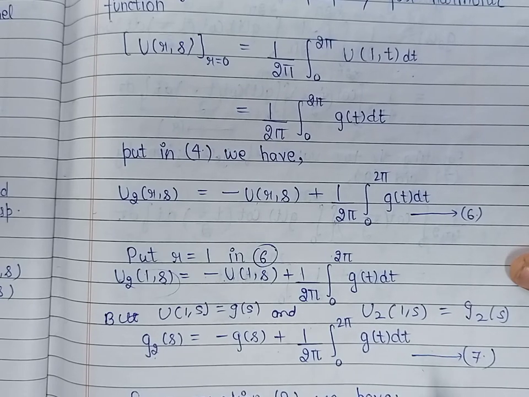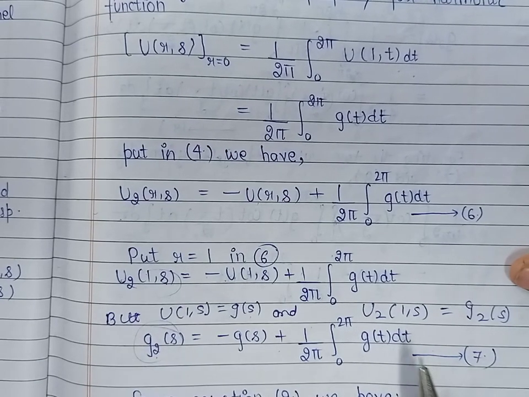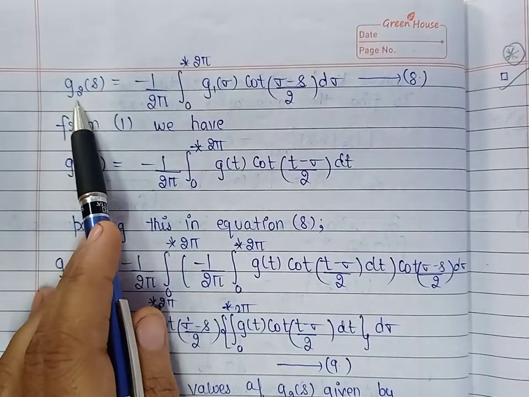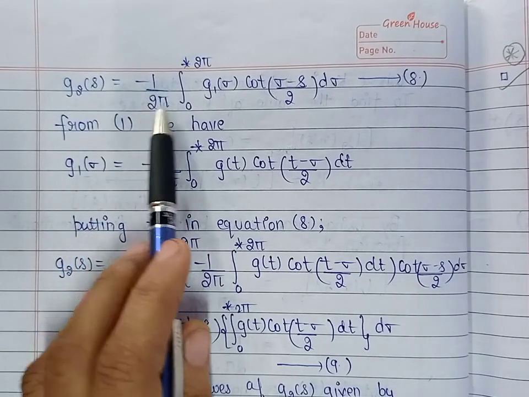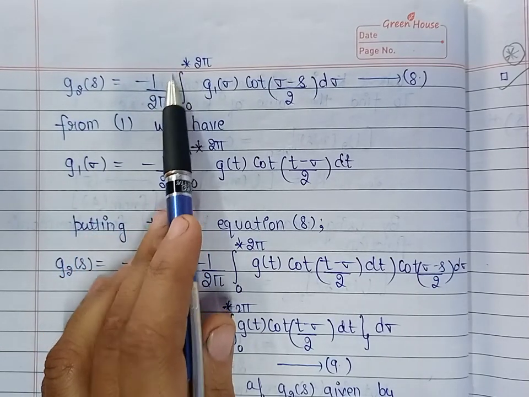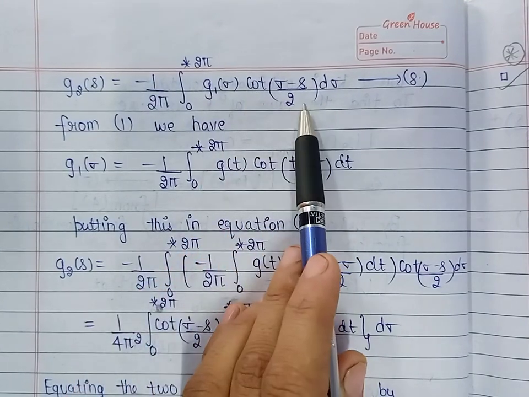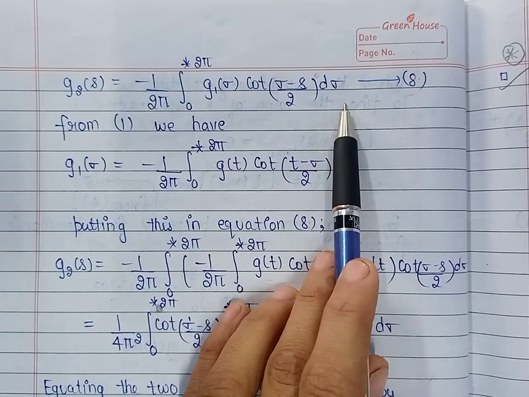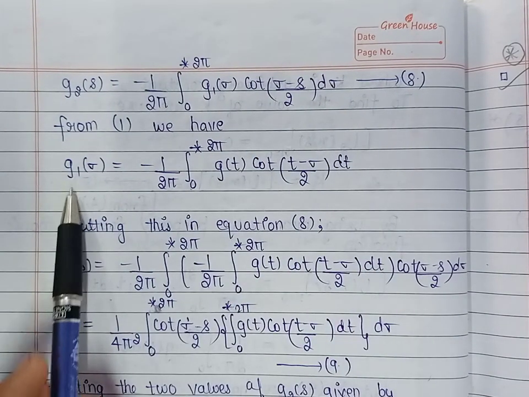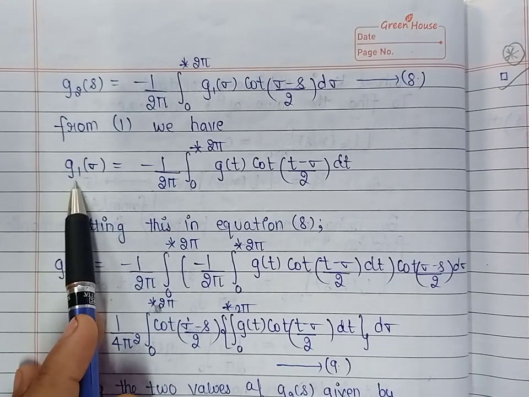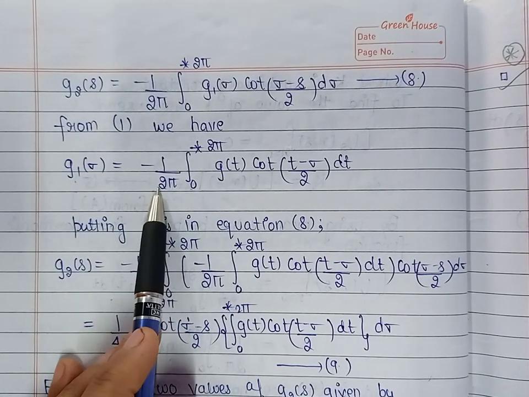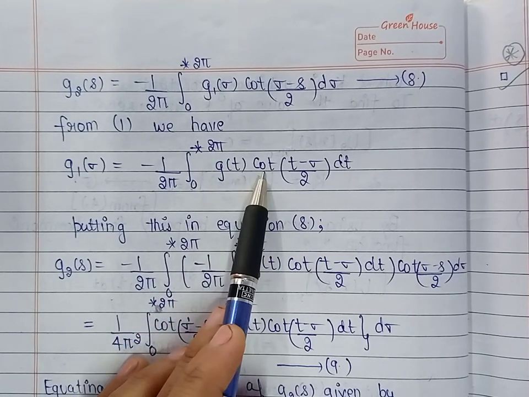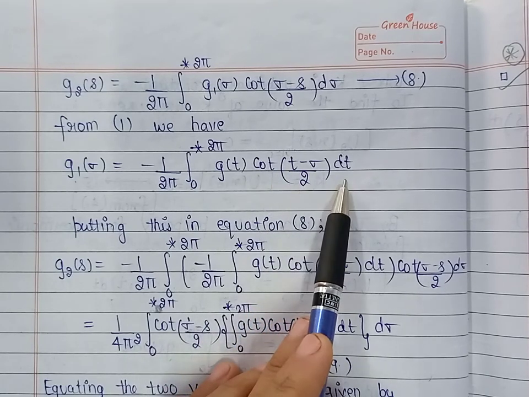Now from equation 2, let us find the value of g2. From equation 2, the value of the function g2 is minus 1 upon 2 pi integral 0 to 2 pi g1(sigma) cot of (sigma minus s)/2 d sigma. And from equation 1, we can find the value of function g1, which is given by g1(sigma) equal to minus 1 by 2 pi integral 0 to 2 pi g(t) cot of (t minus sigma)/2 dt.